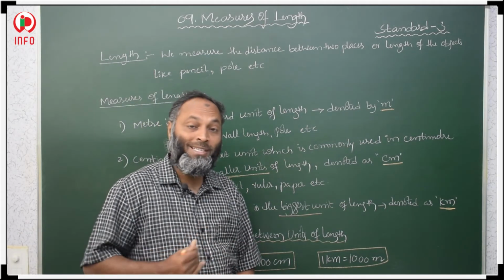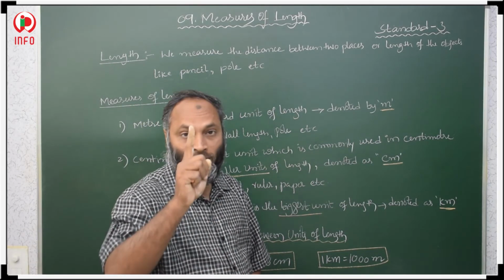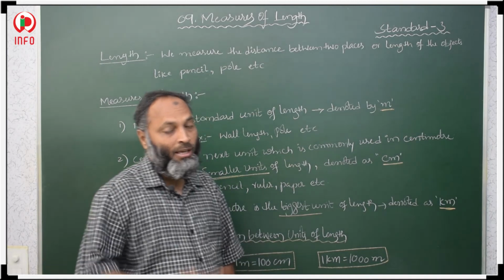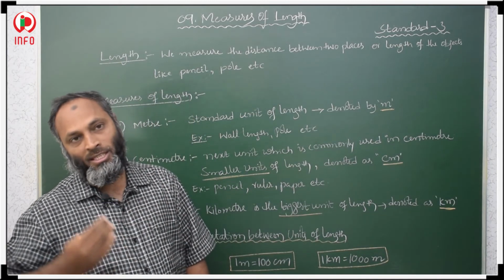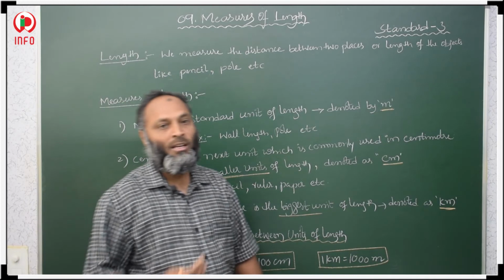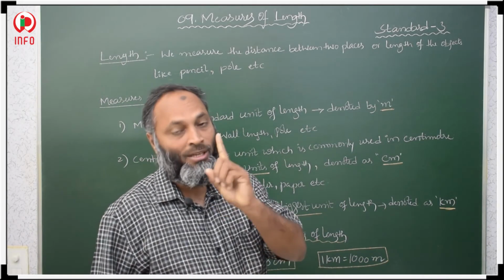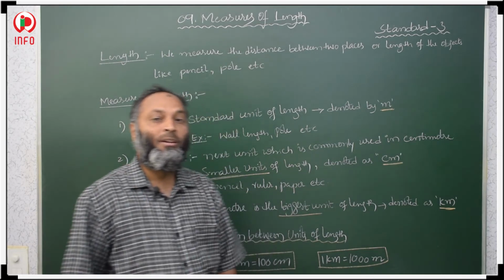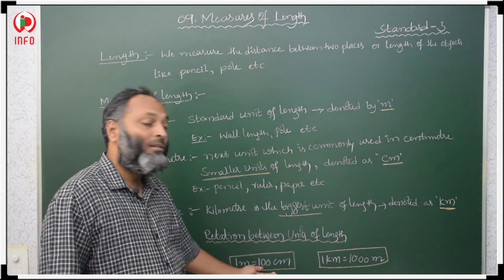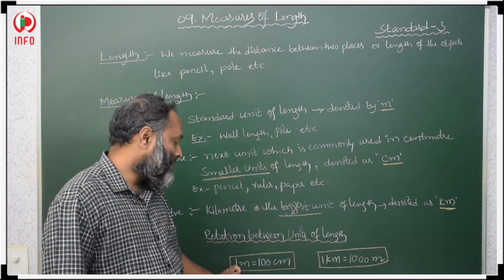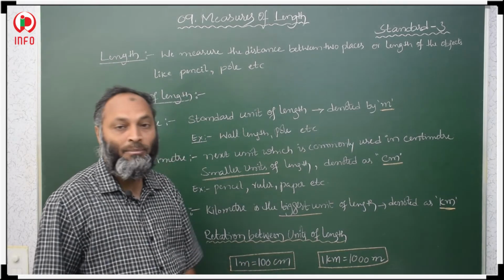If you add 100 centimeters, that makes 1 meter. 1 meter is equal to 100 centimeters. This is the relation between meter and centimeter.